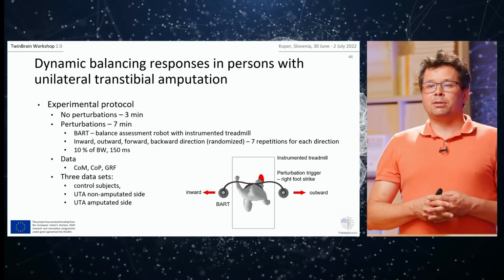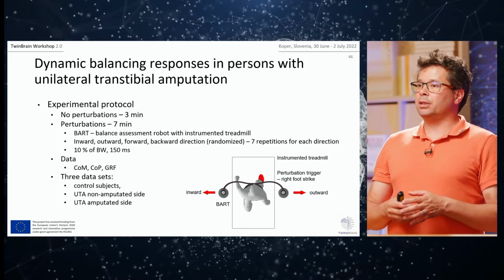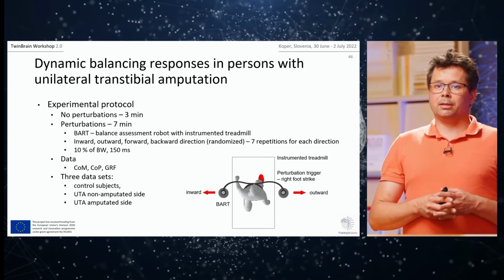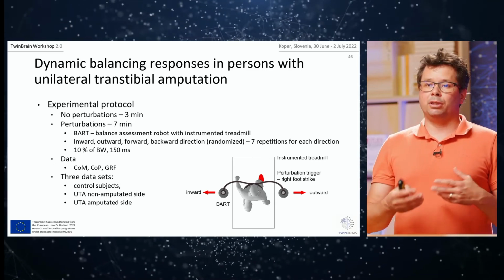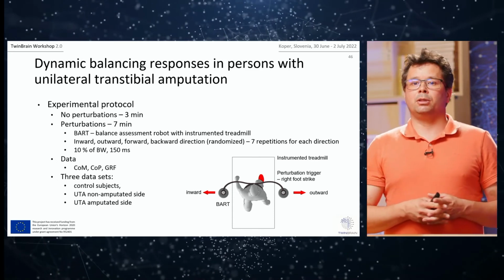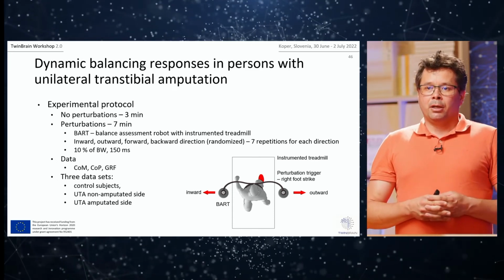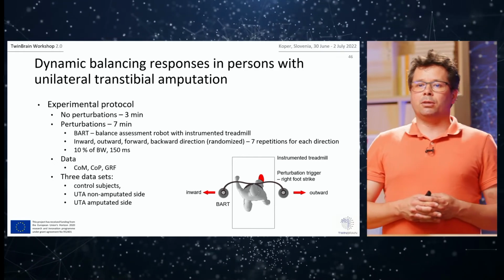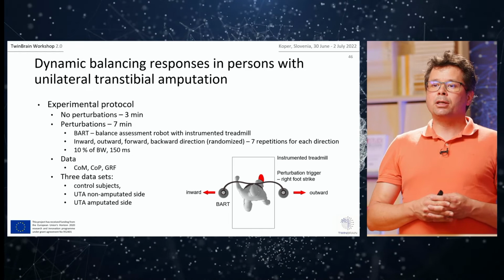This device was used to deliver perturbations to the pelvis, in combination with the instrumented treadmill, so that we would measure the data associated with the balance responses. They were subjected to perturbations in the inward, outward, forward, and backward directions.